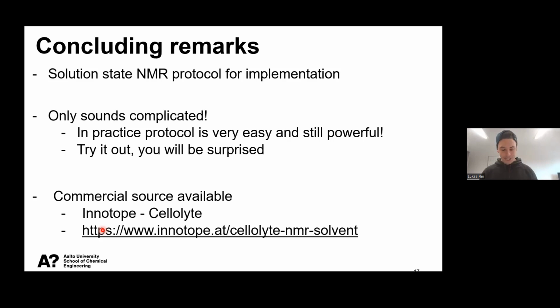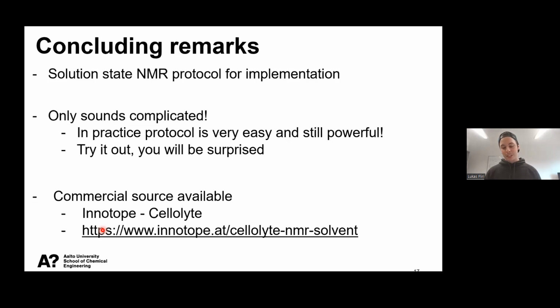One thing I want to highlight as well: whenever I presented or talked about solution state NMR with fellow PhD students who also work on cellulose and are not NMR experts, the first reaction I always get is, yeah, that sounds so complicated and difficult.